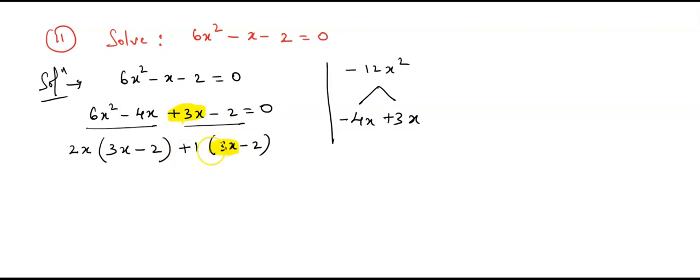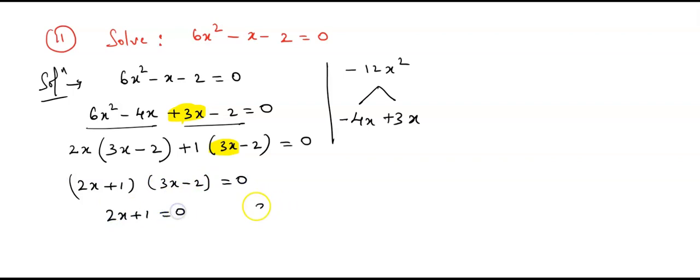As you can see, plus into plus is plus, 1 into 3x is 1x, plus into minus is minus, 1 2s are 2, that is equal to 0. Outside is 2x plus 1, inside is 3x minus 2 is equal to 0. Then 2x plus 1 is equal to 0, 3x minus 2 is equal to 0.